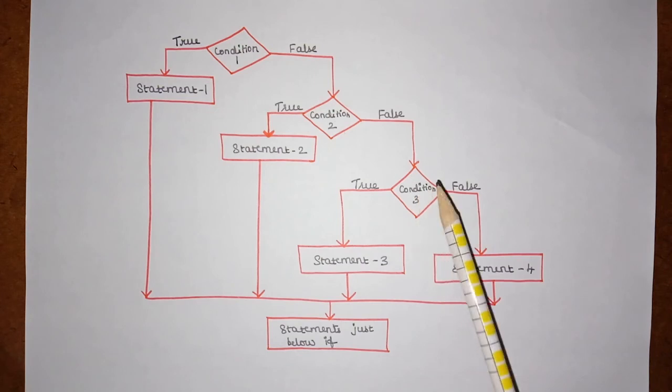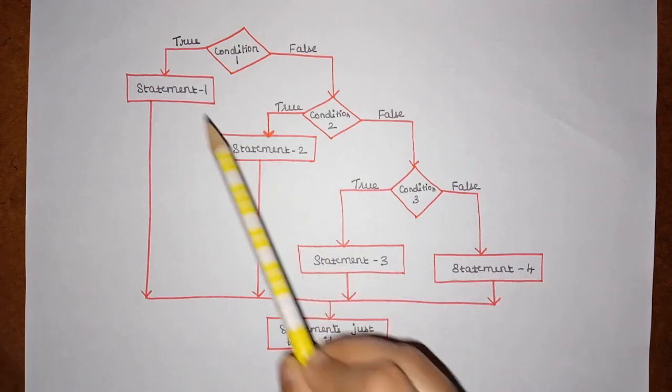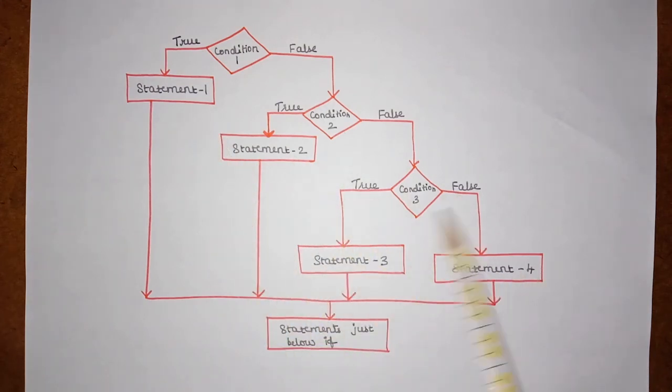If condition 3 is true, then it executes statement 3. If this condition becomes false, then it will execute the final else statement, that is statement 4. After executing all of this if else ladder, the statements that are present outside the if block, or we can say the statements present just below the if block, will get executed. This is the flow chart for else if ladder.